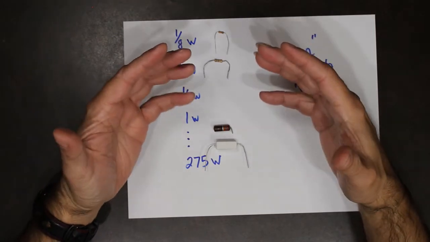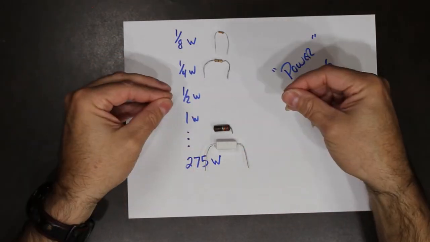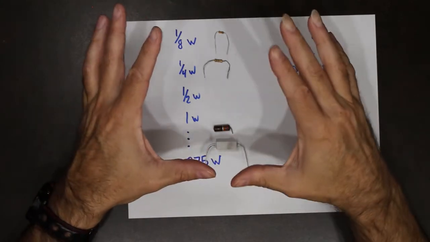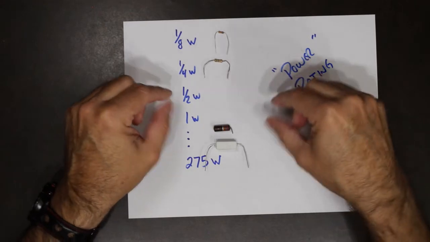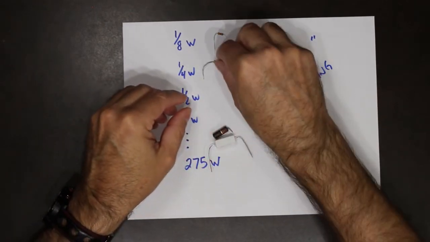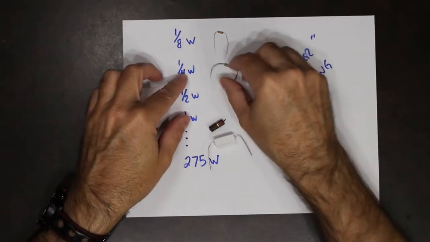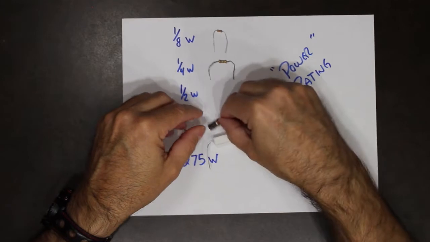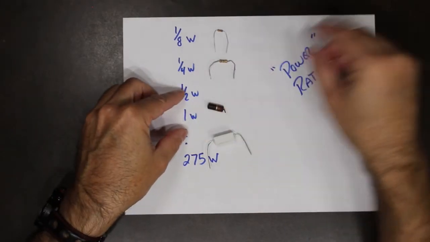So we have resistors of different physical size. Again, the physical size has nothing to do with the resistance value. This one is 100 ohms. This one is 150 ohms. This one is 27 kiloohms.